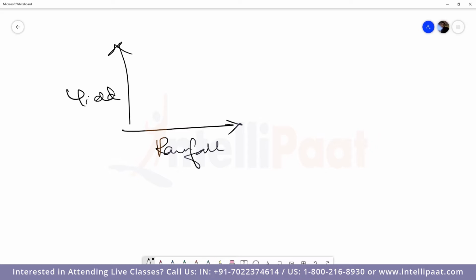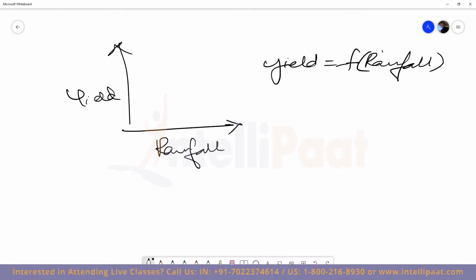With my limited understanding of how agriculture works, I am hypothesizing that yield can be predicted as a function of the amount of rainfall we see. This is not a bad hypothesis, to be honest. This is a simple function, to say the least. But of course, I need to validate this hypothesis.